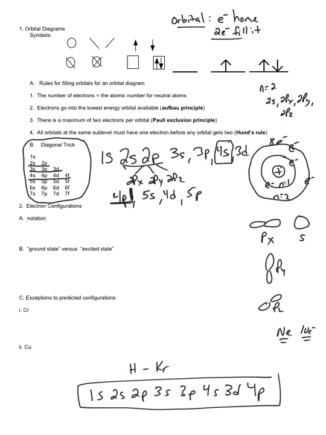Okay? So how the diagonal trick works, if you're wondering, is I draw a diagonal line and the 1s orbital fills first because I crossed it out first. The next diagonal line, we fill 2s. The next diagonal line, we fill 2p, and then 3s. The next diagonal line, we fill 3p, 4s.